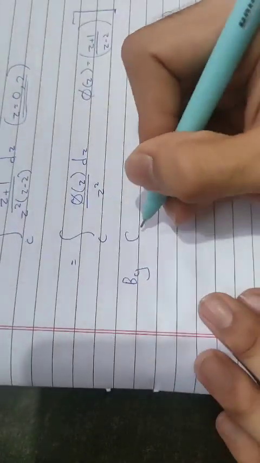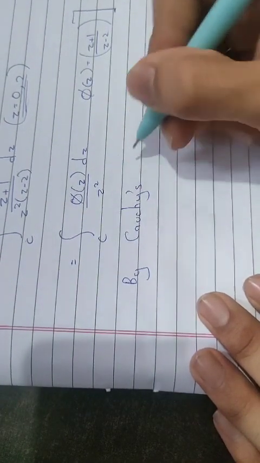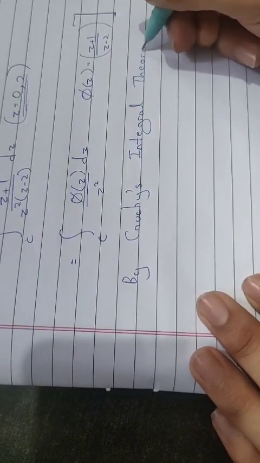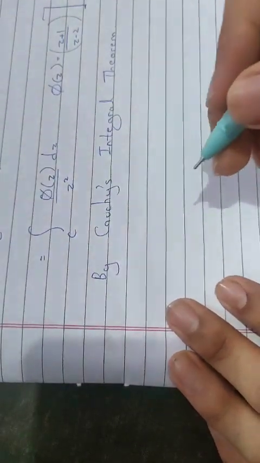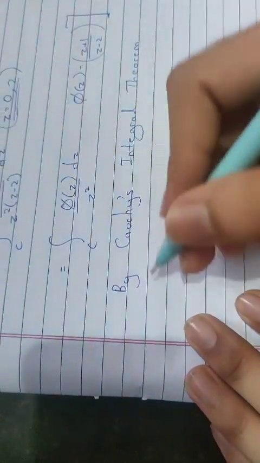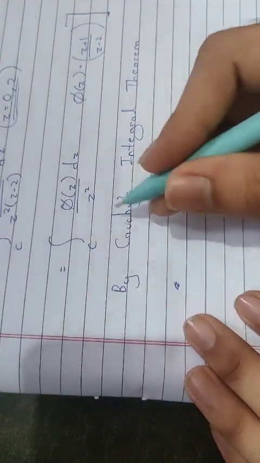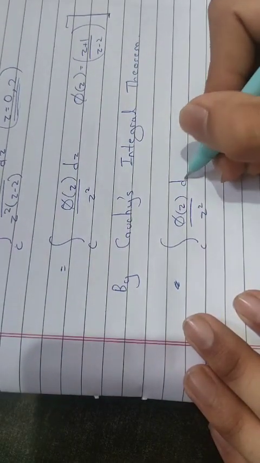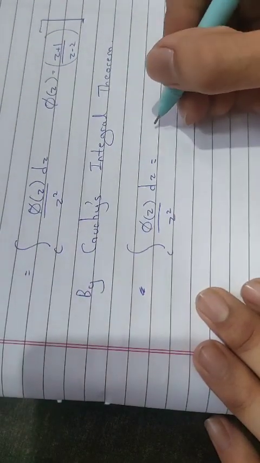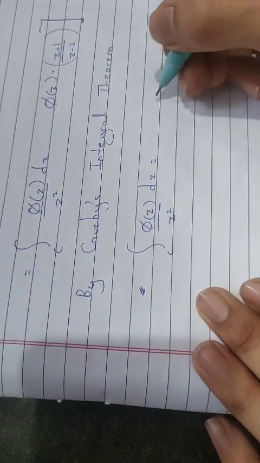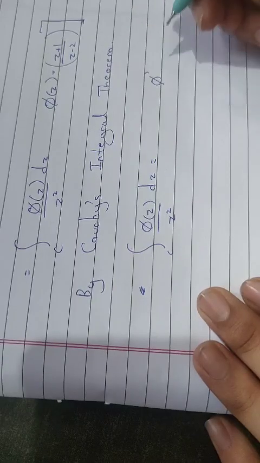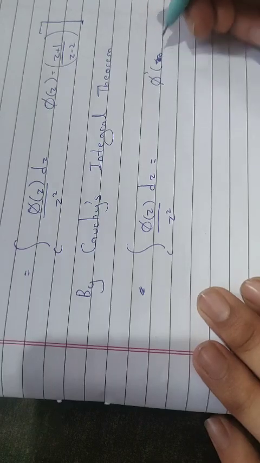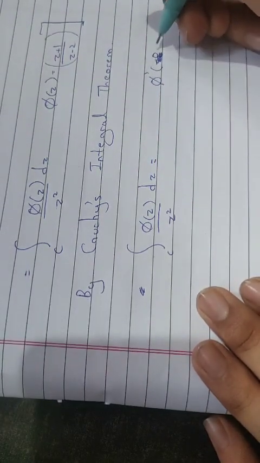Now by Cauchy's integral theorem, we can see that the integration would be equal to phi dash of z naught. z naught in our case is 0.